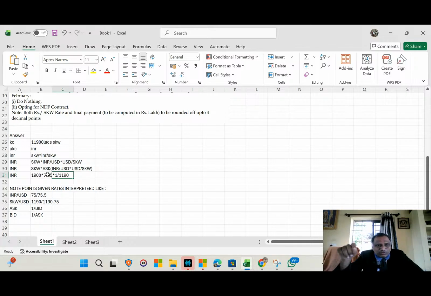According to SKW by USD, the ask rate is 1190.75. But I want the direct quote USD by SKW. That's why I interpret ask is equal to 1 by bid. Then 1 by bid is equal to 1190. This is what I will get, my dear friends.